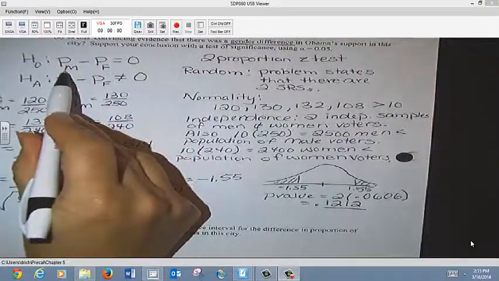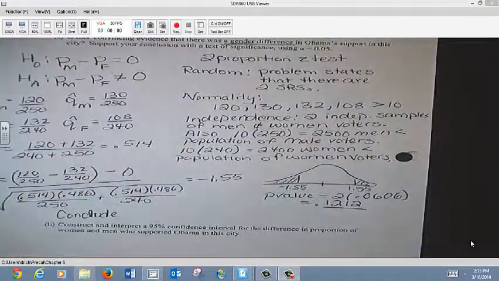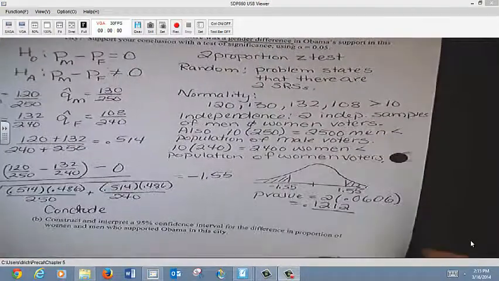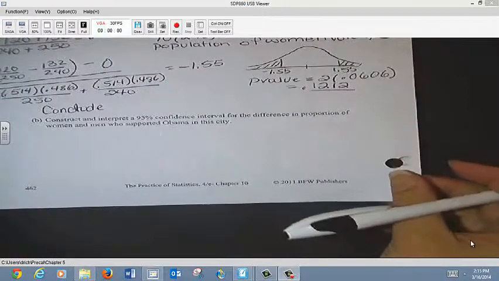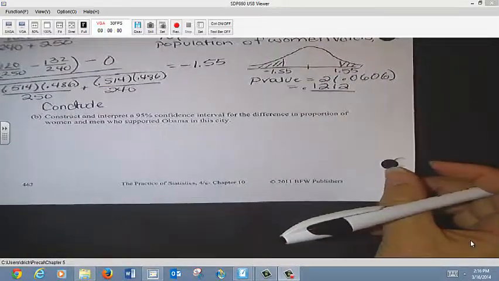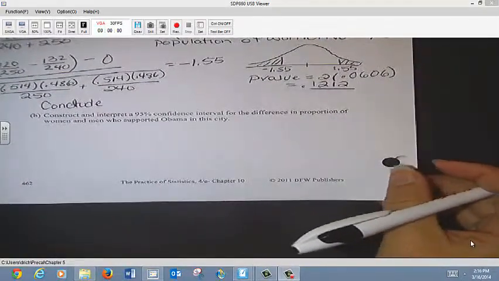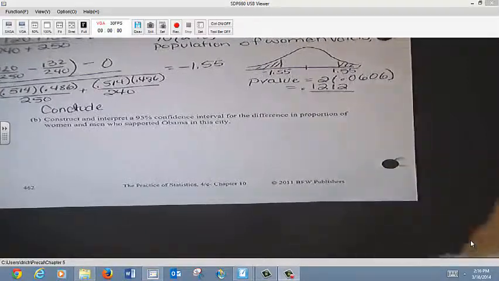Okay, last one here. Construct and interpret a 95% confidence interval for the difference in proportions of men and women who supported Obama in this city. Okay, so remember the main difference in a confidence interval. Well, first of all, we don't have to check the conditions again.